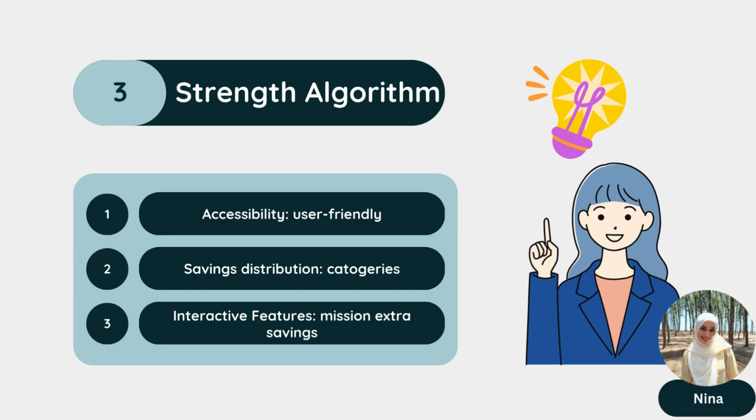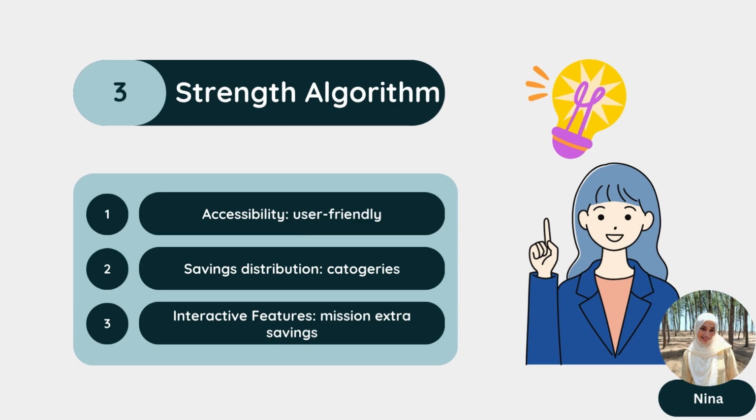Here, I will provide the notable strengths of the budget planner algorithm. The first one is accessibility. The straightforward nature of the budget planner makes it user-friendly, especially for individuals unfamiliar with complex computational systems. The second one is savings distribution. By allowing users to define savings categories and allocate percentages, the algorithm supports personalized financial planning.